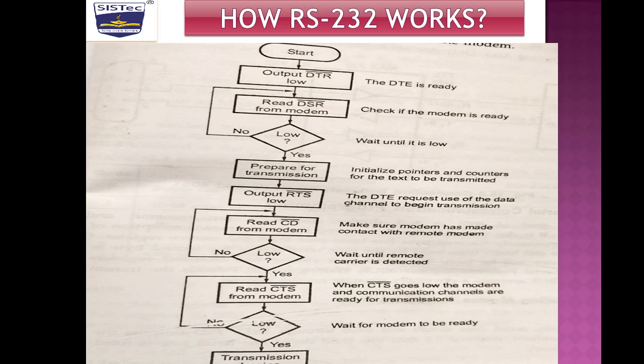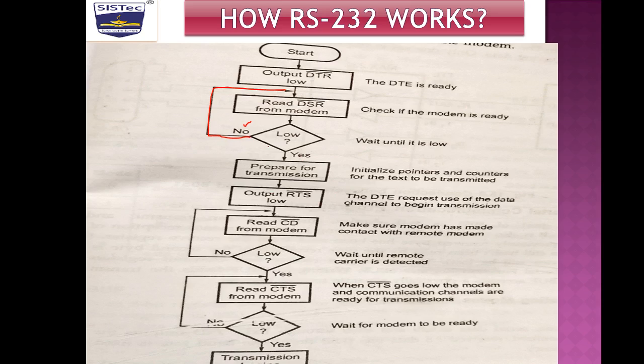DSR is a low signal, so if it is low, the modem is ready. Otherwise, if it is no, the modem is not ready, so we flip back to this step and continuously monitor whether the modem is ready or not. If the DSR signal goes low, then it is ready.